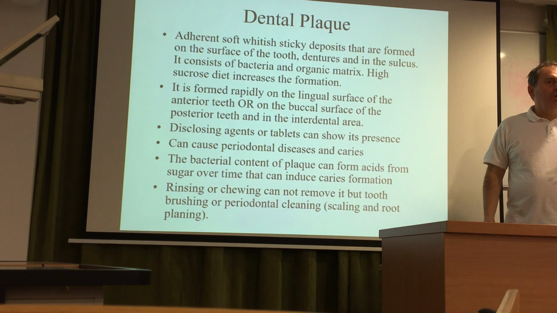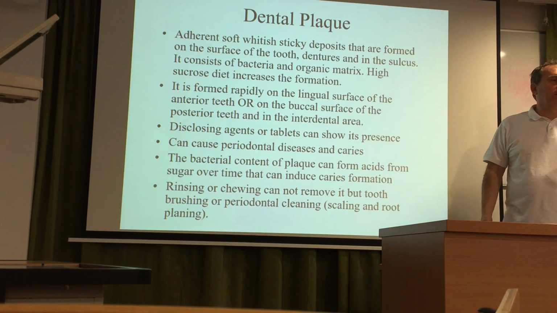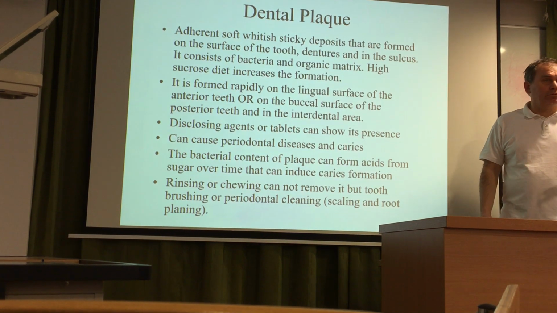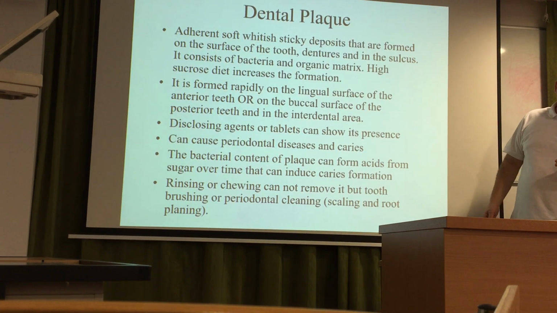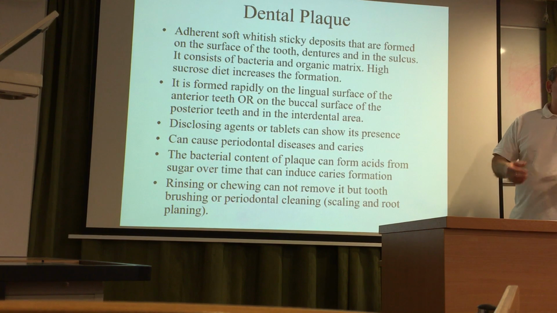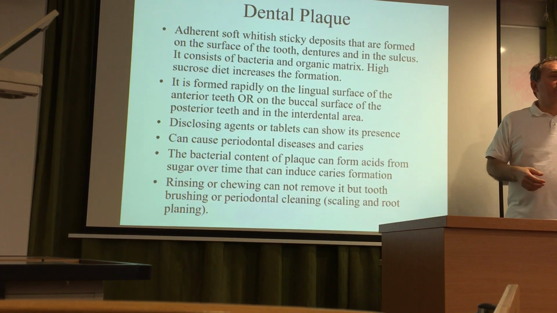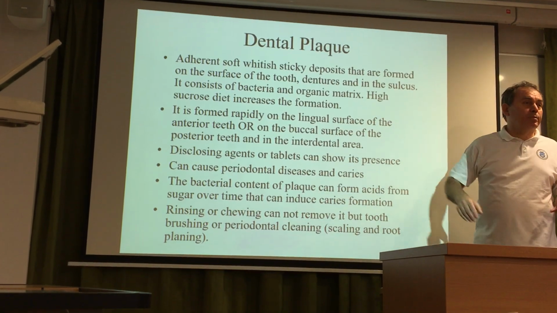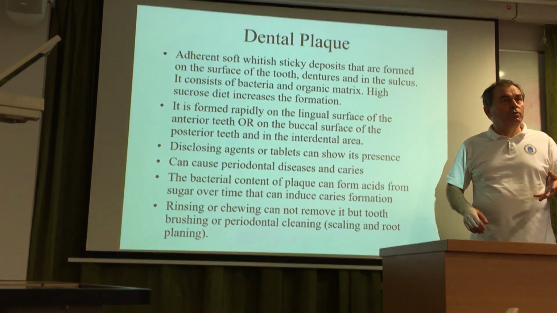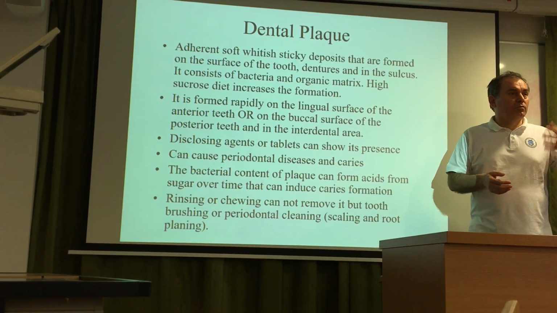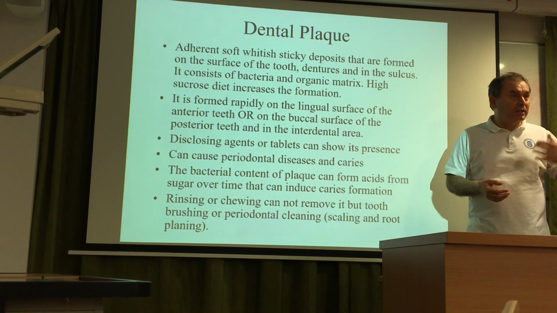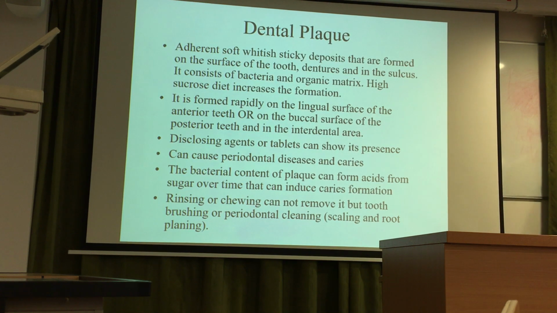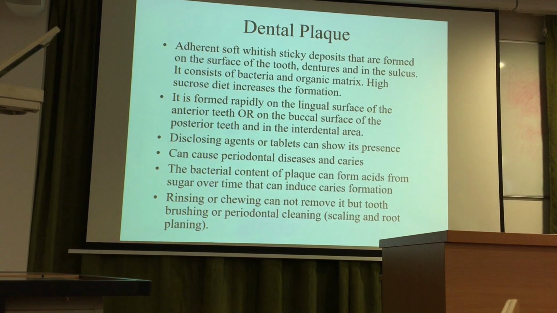It depends on the plaque location and the type of the plaque, because you have surface plaque, or fissure plaque, or subgingival plaque. The subgingival plaques or bacterial deposition may cause periodontitis, and interproximal and fissure plaques may cause caries. So caries and periodontitis are the most common dental disorders.